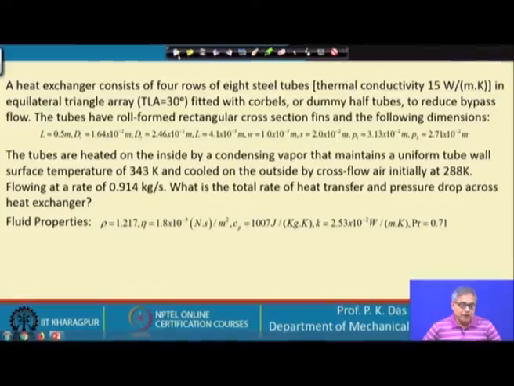The tubes have roll formed rectangular cross section fins and the following dimensions. Length has been given, root diameter has been given, and then the tip diameter has been given.